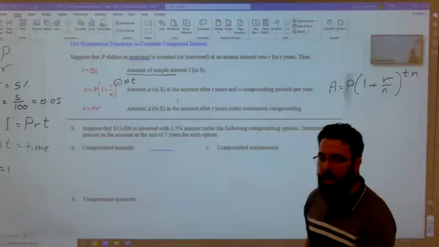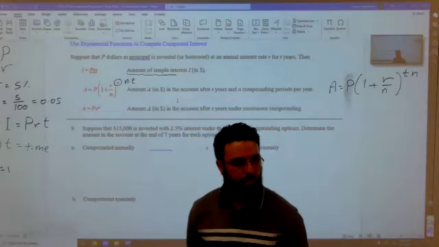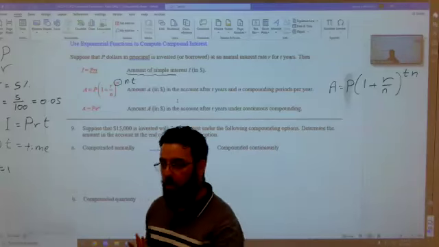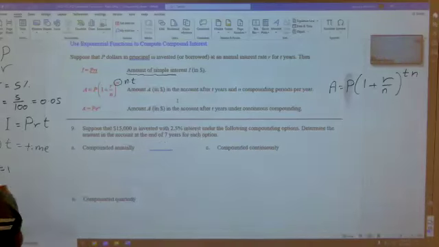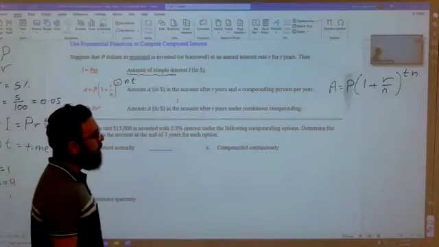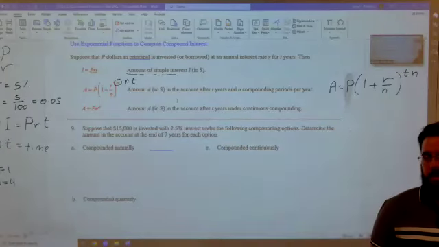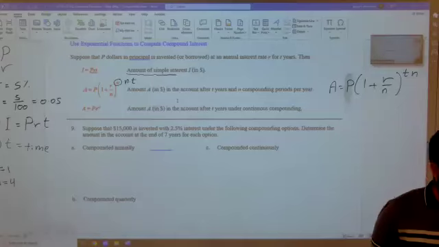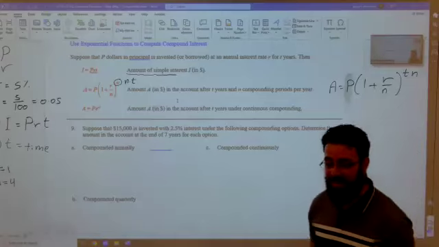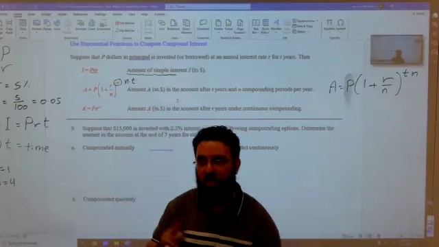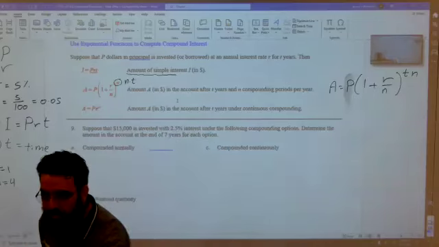If I give you compound quarterly, that means I'm going to give you interest 4 times. So quarterly, the value of N is going to be 4. If I'm going to give you interest semi-annually, that means 2 times.